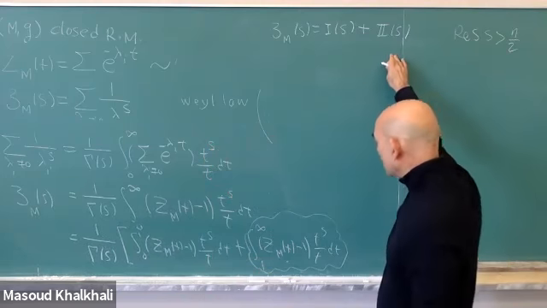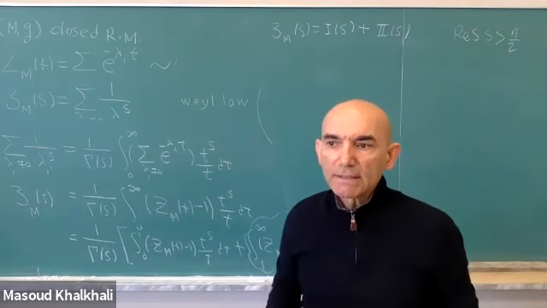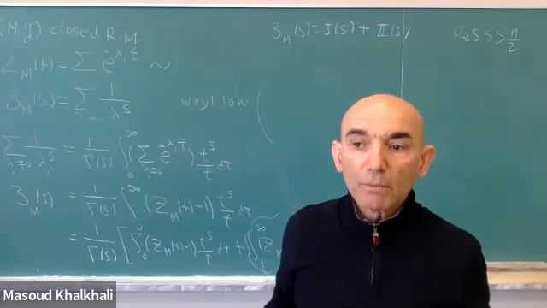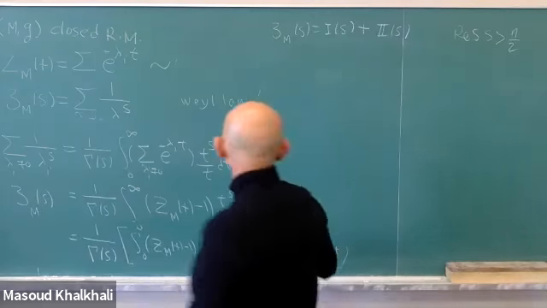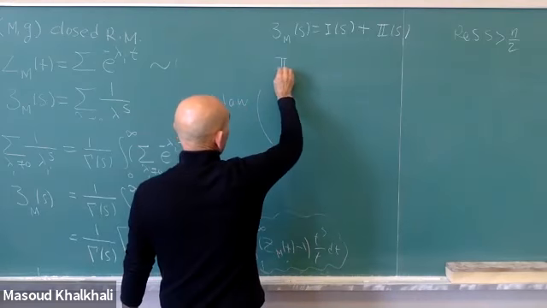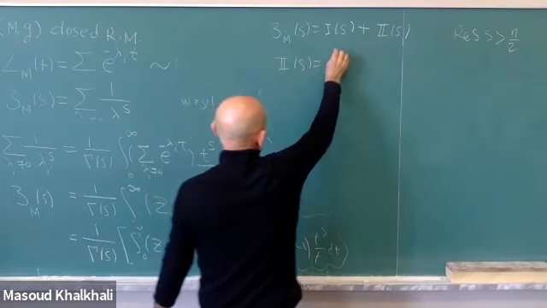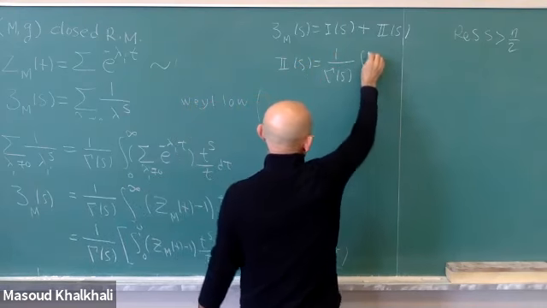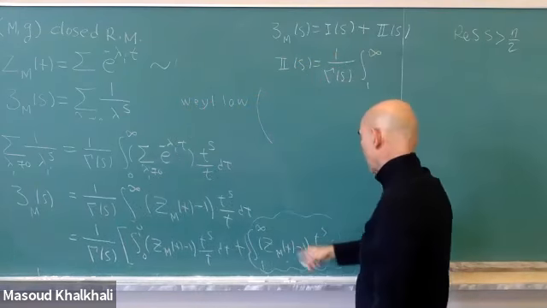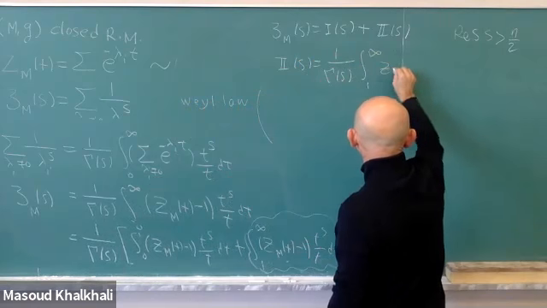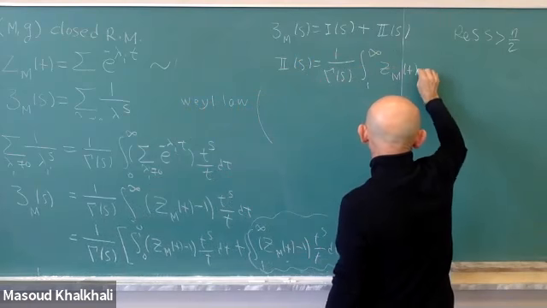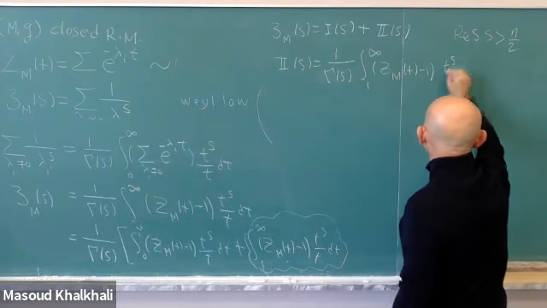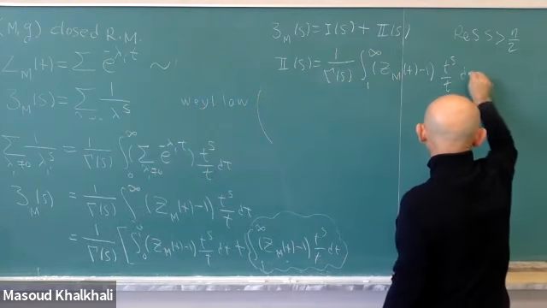This function actually has analytic continuation to the whole complex plane without any poles. So, this function, which is 1 over gamma s, integral from 1 to infinity, Zm(t) minus 1, t to the s, over t dt.